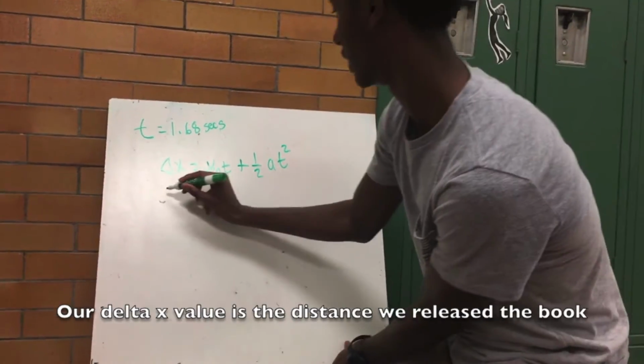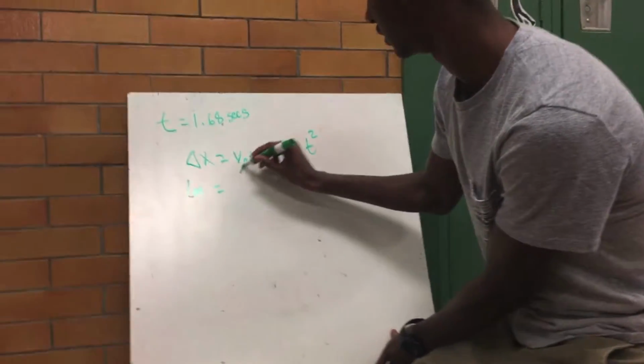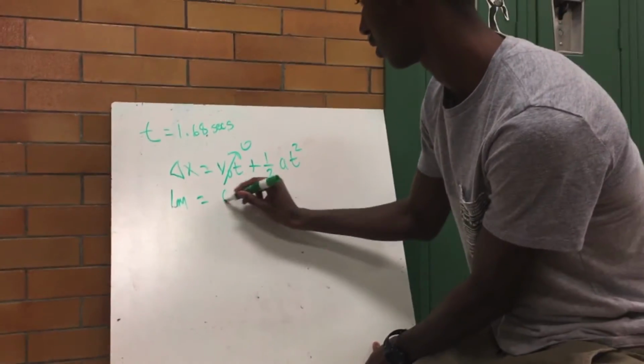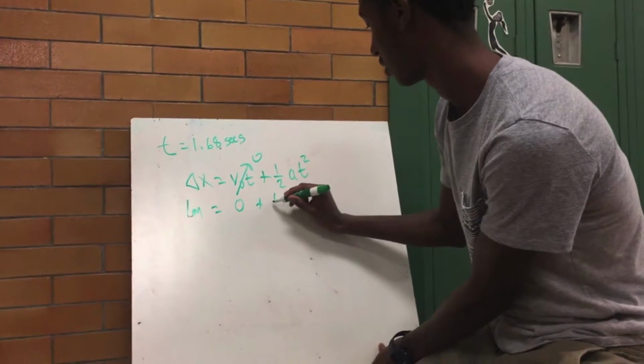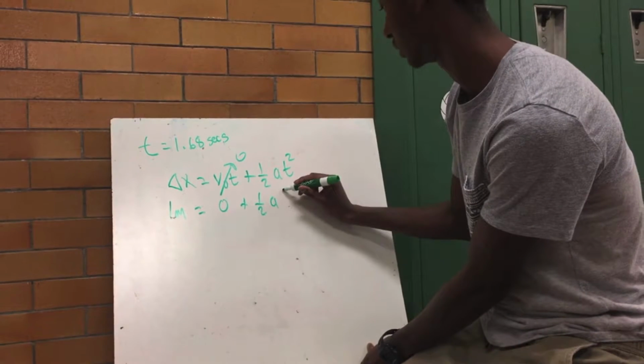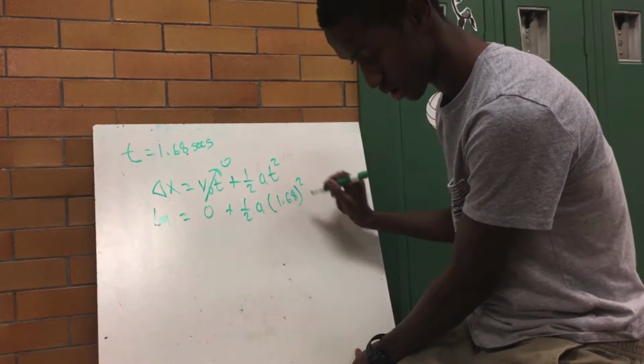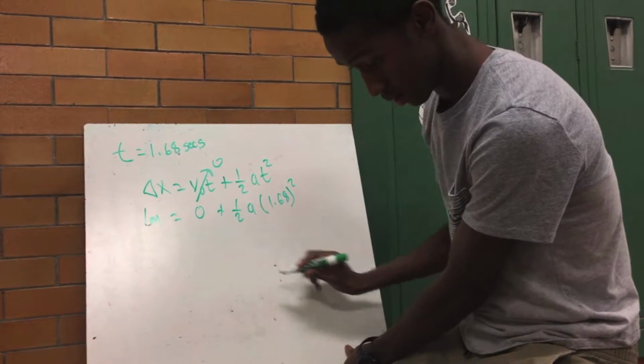We know that our change in x is 1 meter and our v0 is 0. And our time is 1.68 squared.